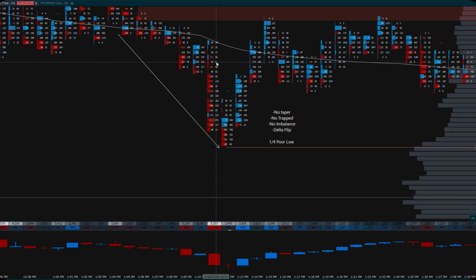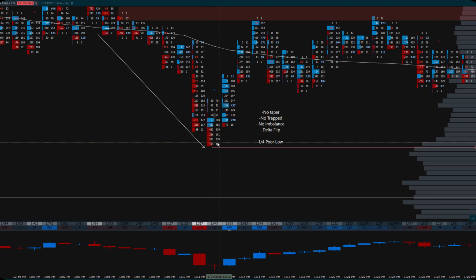This candle, a lot of sellers, as well as this candle, a lot of selling in. What I saw on the DOM is players starting to get in bid. We had 300, 400, just a lot of passive players absorbing all this selling right around here.